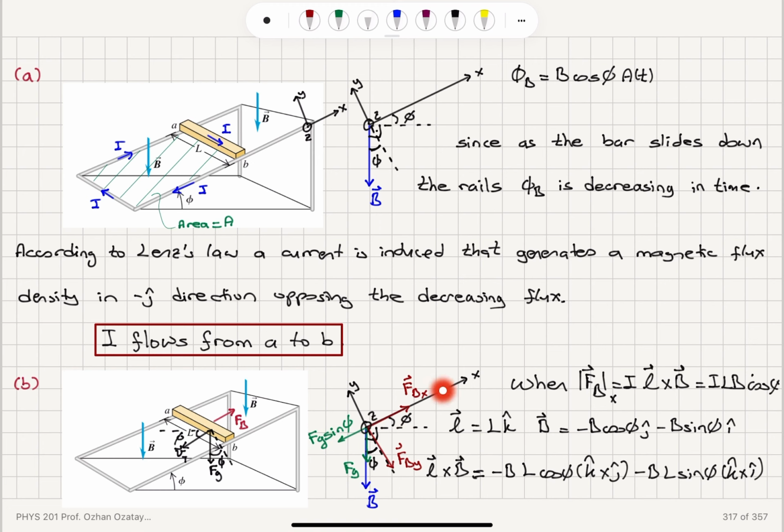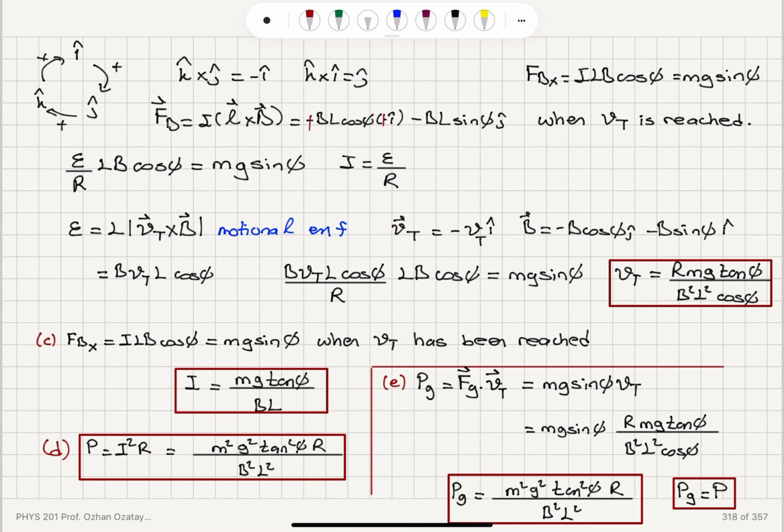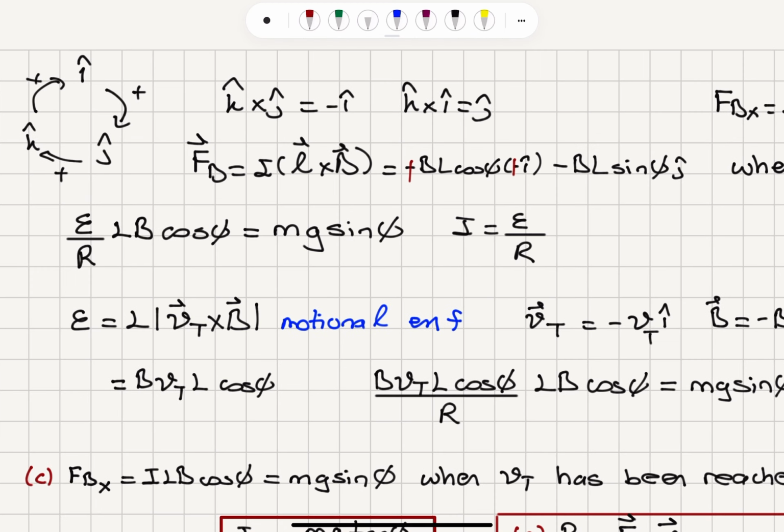So these two will be balancing each other. And the magnetic force IL cross B is epsilon over R, that's the current, LB cosine phi, which is mg sine phi.